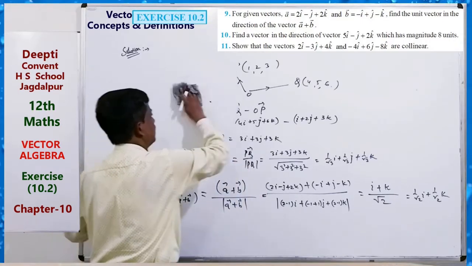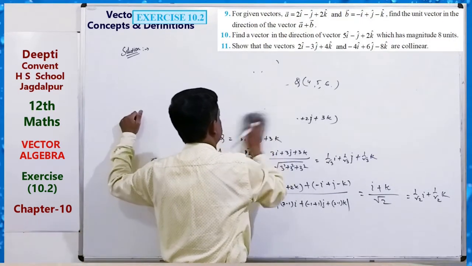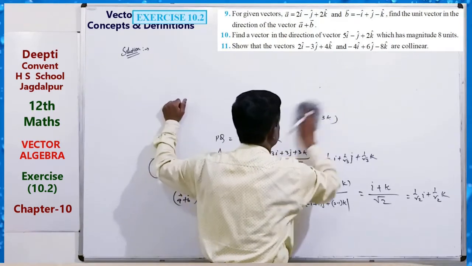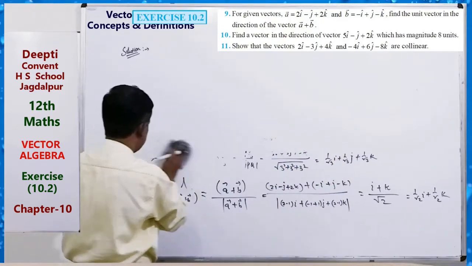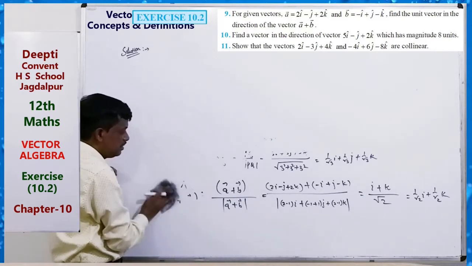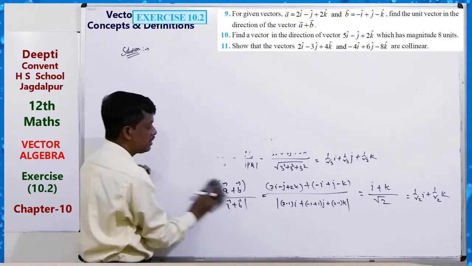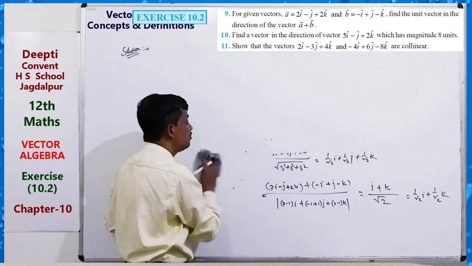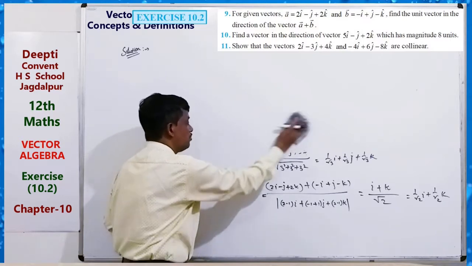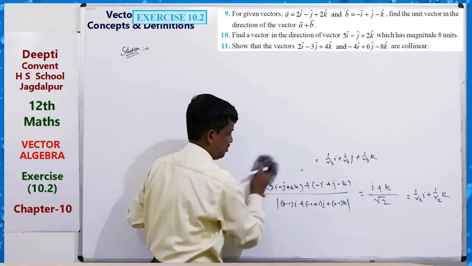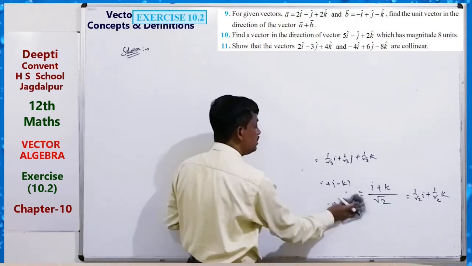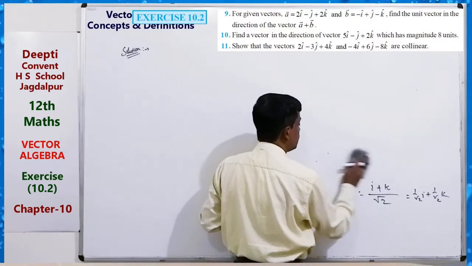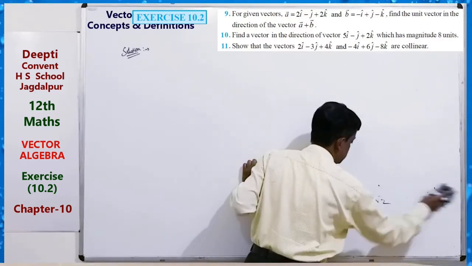Unit vector means what? Unity, in some direction. If we can get the unit vector in a direction, then for getting a vector in that direction of some multiple or some magnitude, you just have to multiply that quantity with the unit vector in that direction.